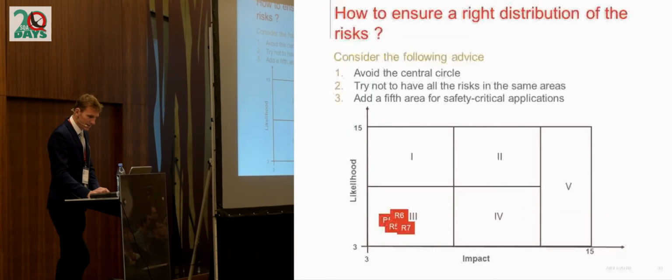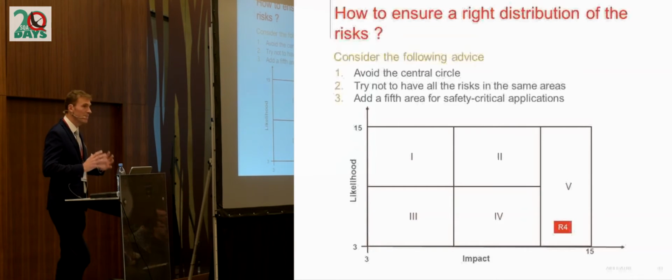And the last situation you may face, particularly when you work on safety critical applications like in the medical industry or avionic, automotive, is that we often have risks with a very high impact. For example, the plane could not land correctly if the risk occurs.